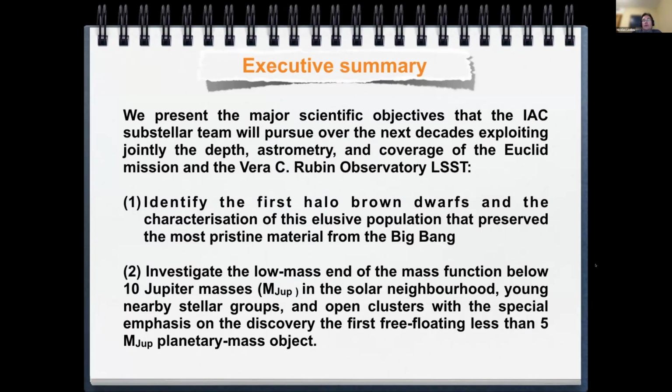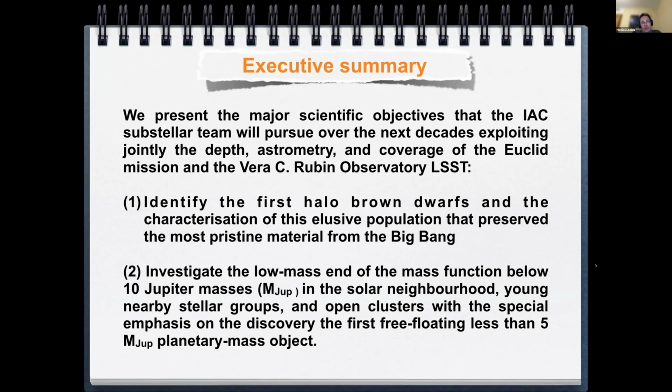As a summary, our group will focus mainly on two major topics that will exploit the depth, astrometry, and coverage of both the Euclid mission and the Rubin LSST Observatory. On the one hand, we want to identify the first halo brown dwarfs and characterize this population of objects that preserved the most pristine material from the Big Bang.